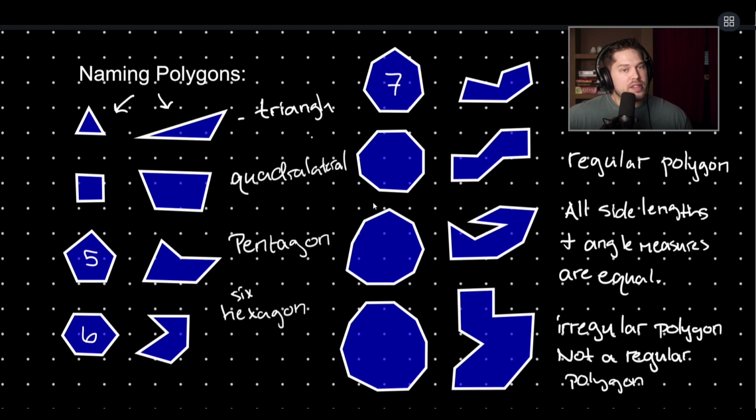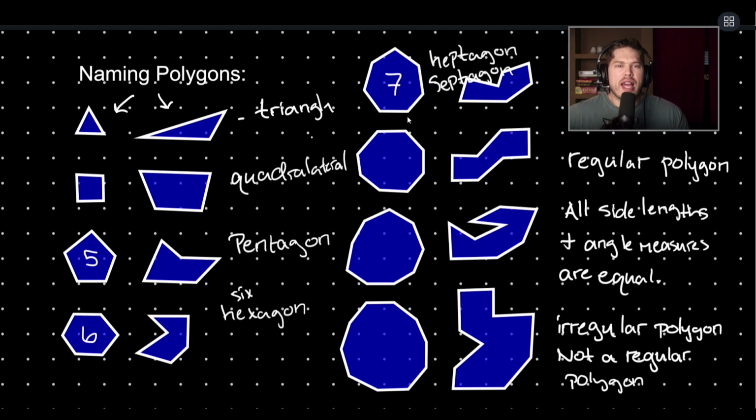Next, we have our seven-sided shape. And it actually has two names that you might see. One name is the heptagon. And then the other name is the septagon. So heptagon and septagon are both the words for your seven-sided polygon.